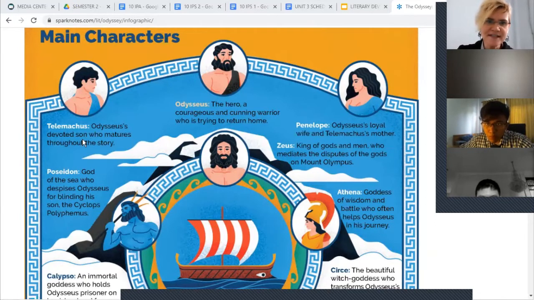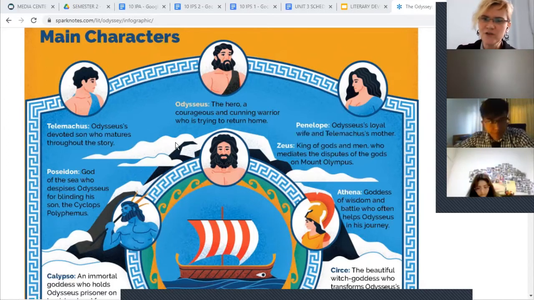So we've got Telemachus, the son of Odysseus, who through the story grows up, being a baby when his dad leaves, being a young adult when his dad returns. Of course, we have Odysseus. He's the hero. He's courageous. He's smart. He's cunning. He's a very good warrior, and he tries to return home.